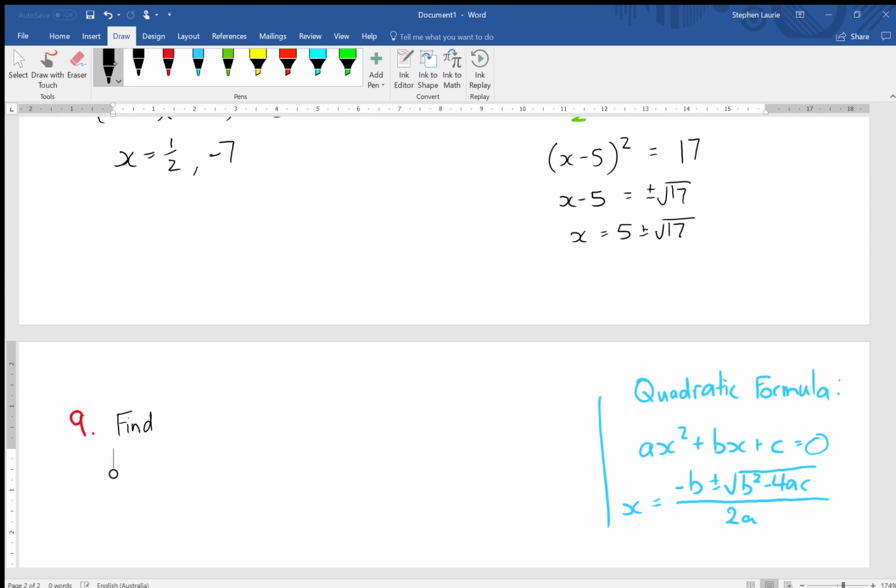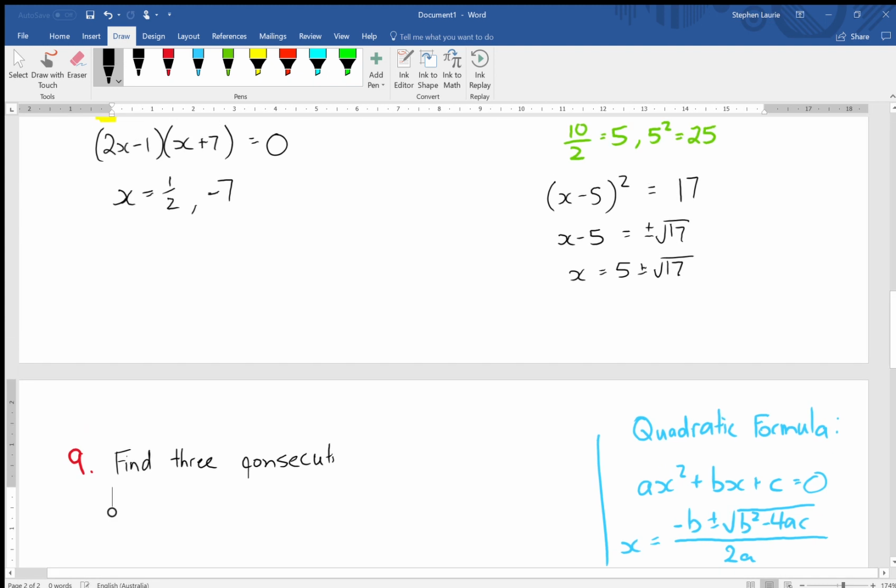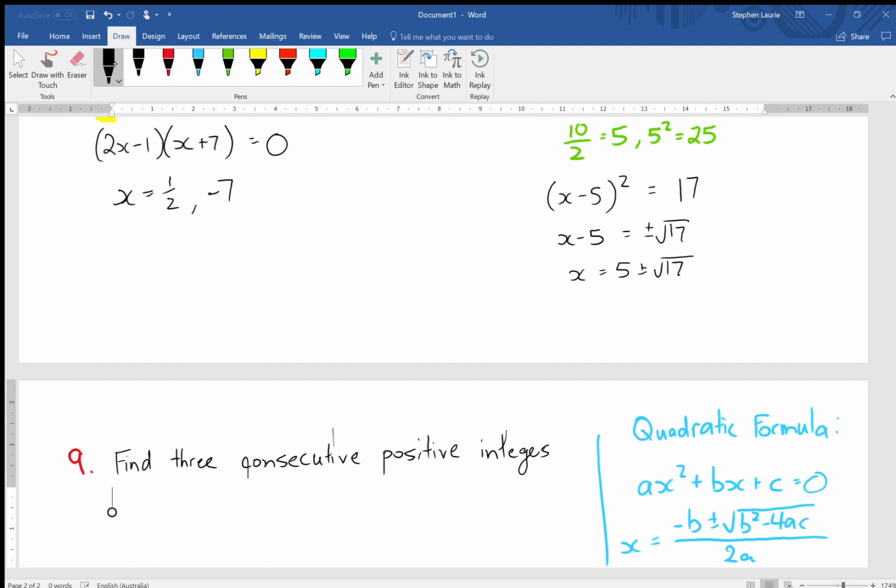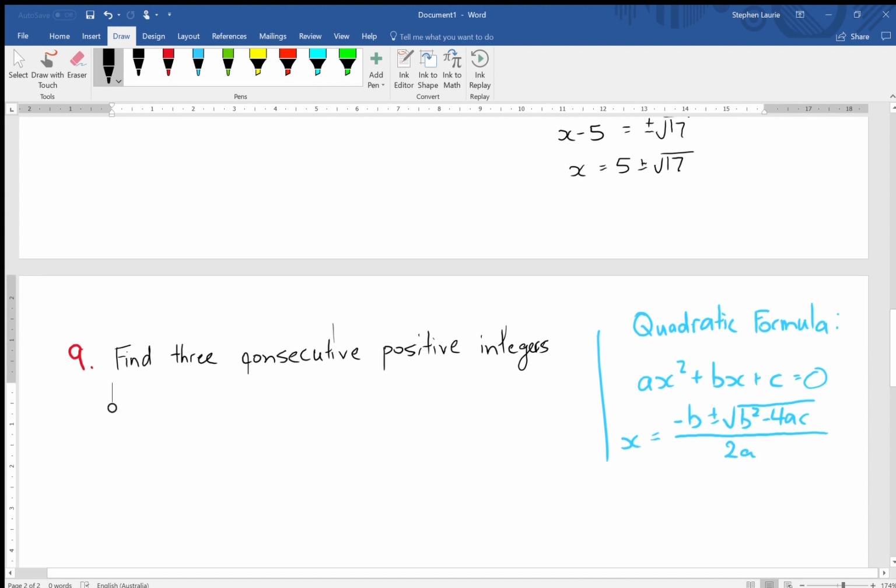We want to find three consecutive, so consecutive means one after the other, consecutive positive integers. Now remember, an integer is sort of like a whole number, but the negatives as well. So 1, 2, 3, 0, minus 1, minus 2, minus 3. So we want to find three consecutive positive integers.